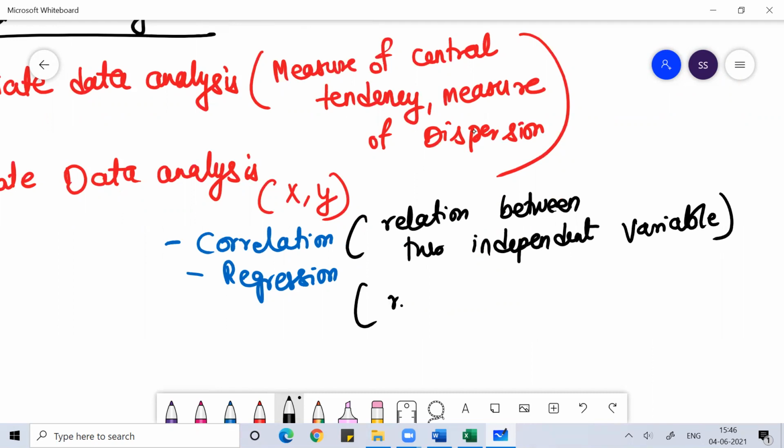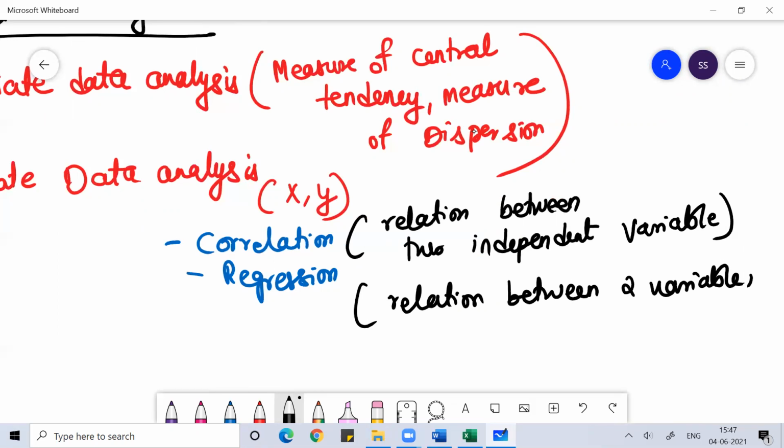So regression is basically finding the relation between two variables, where we have a dependent variable which is dependent on an independent variable.